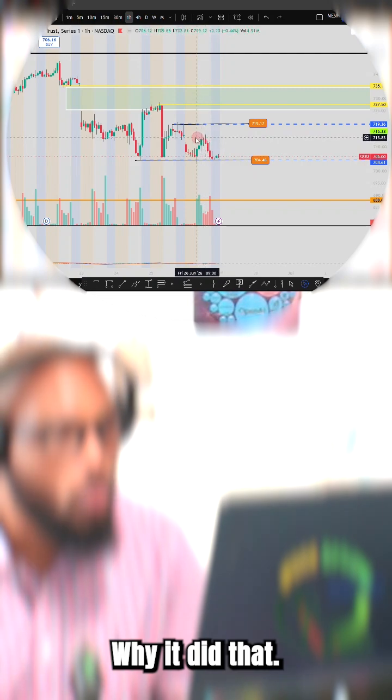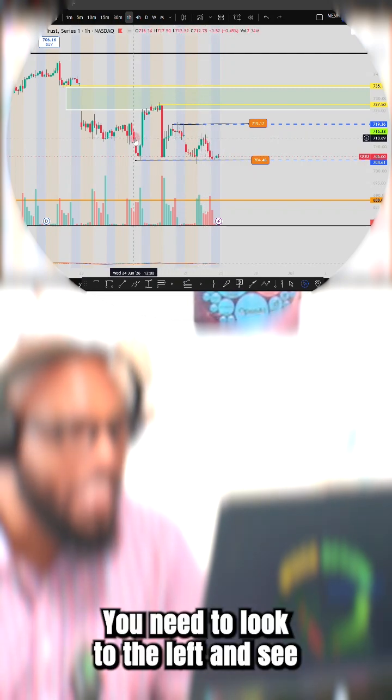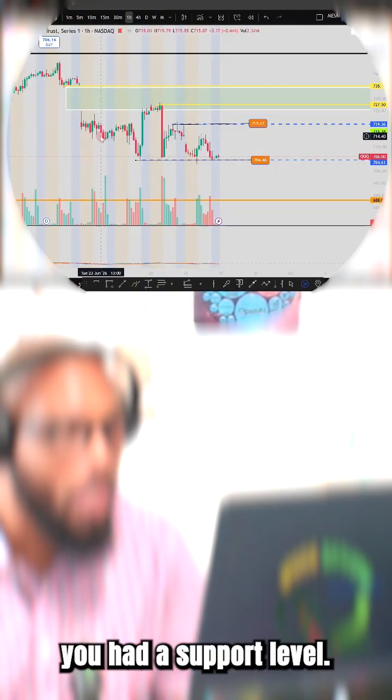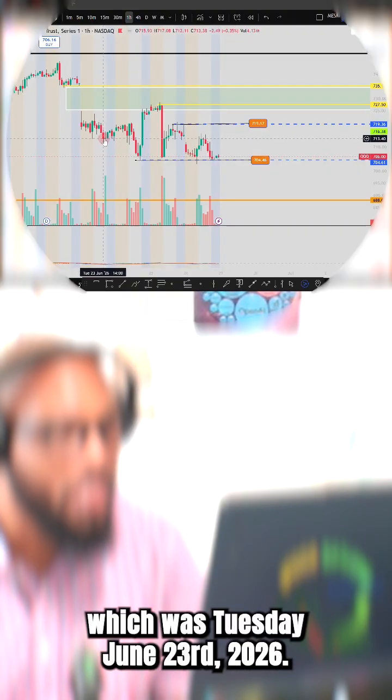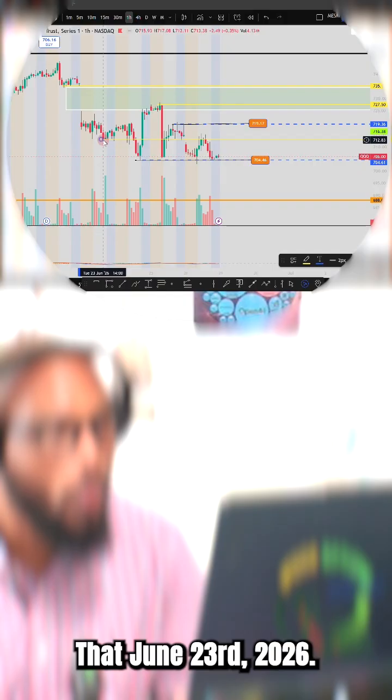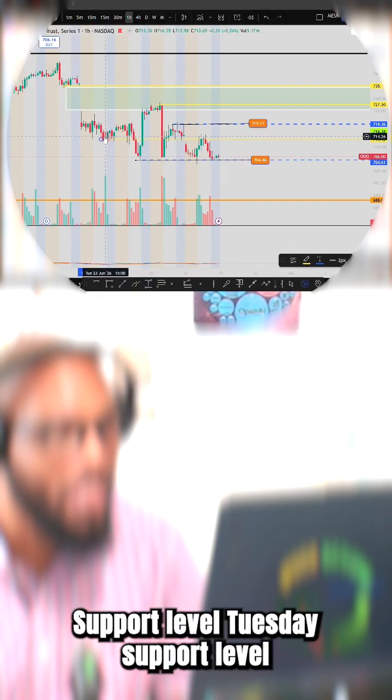Why did it do that? You need to look to the left and see you had a level here, which was Tuesday, June 23rd, 2026, support level. We'll mark that. That was June 23rd, 2026, support level.